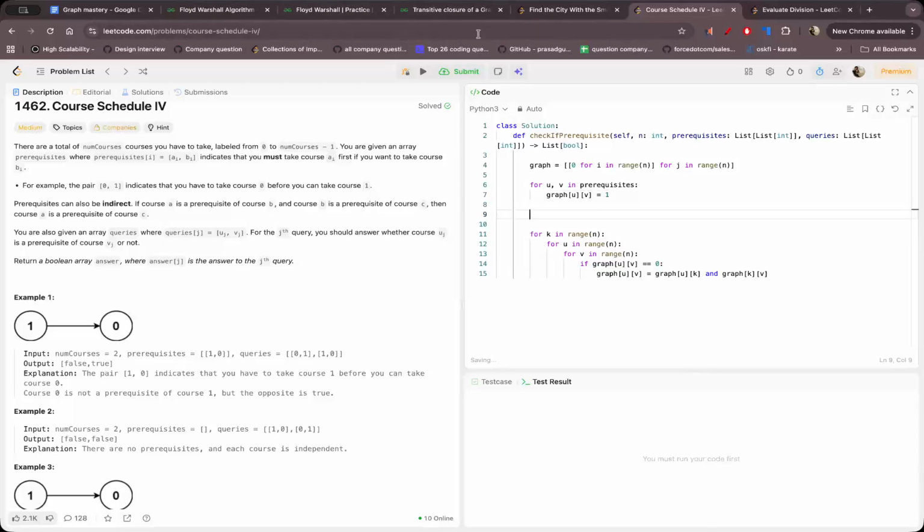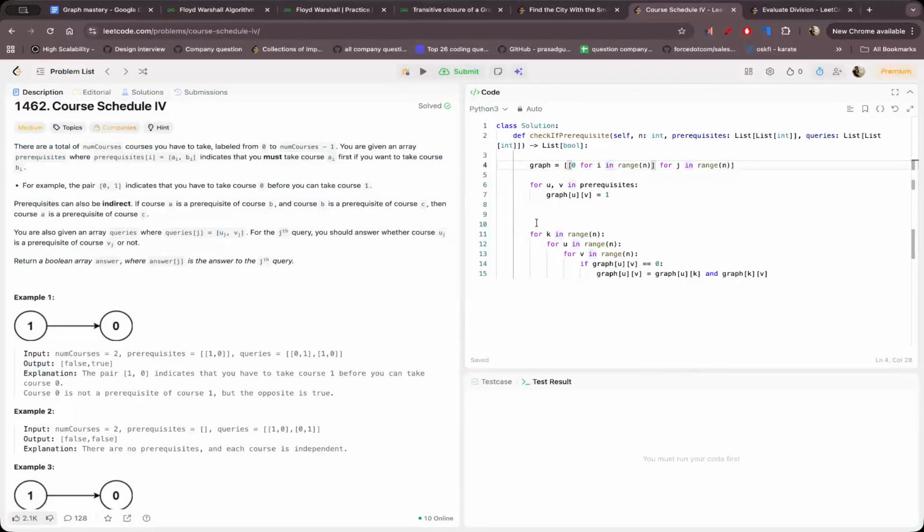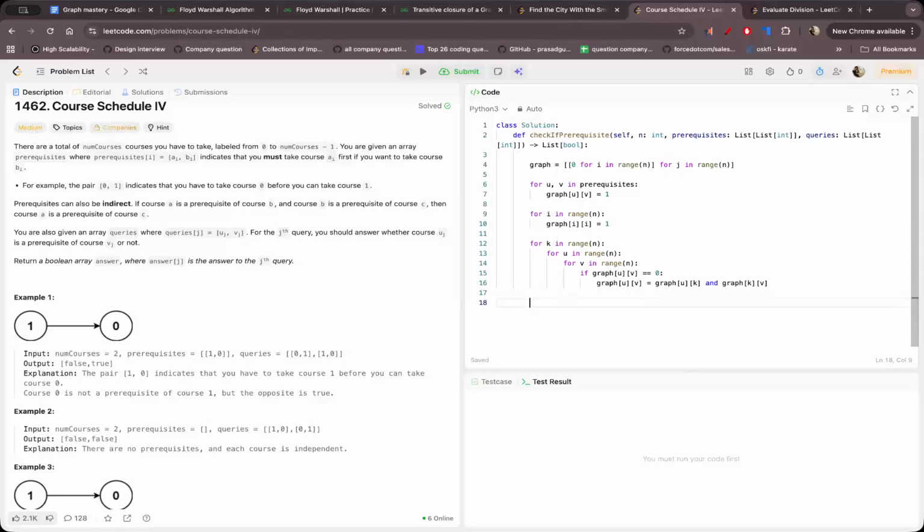And one more line we can copy from our previous code, that still is valid. All right, so in the end, I have a graph which knows whether there is a way from one node to another via any route.